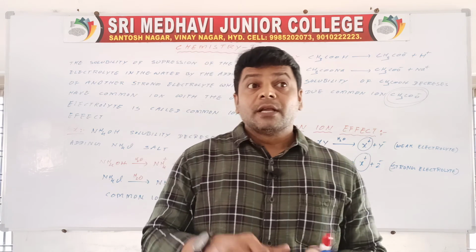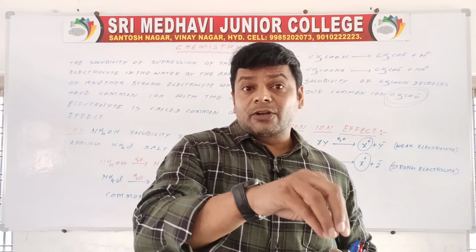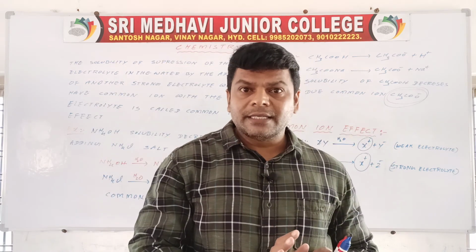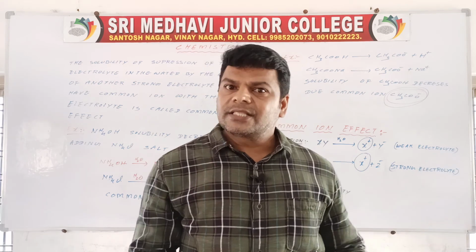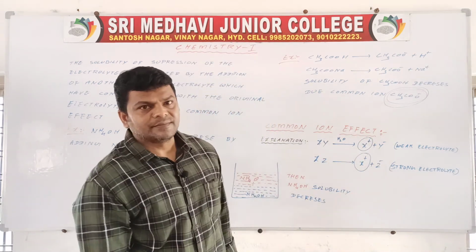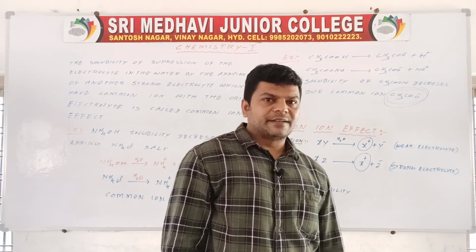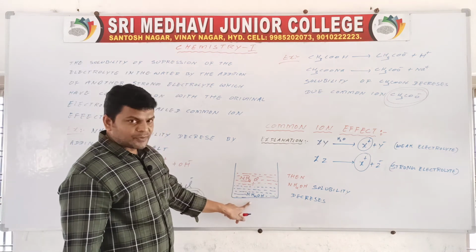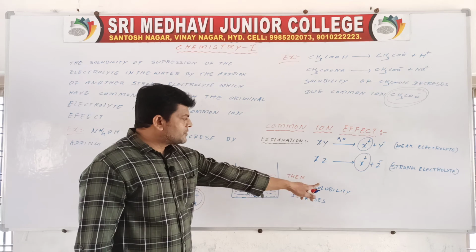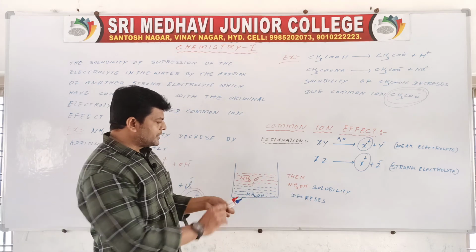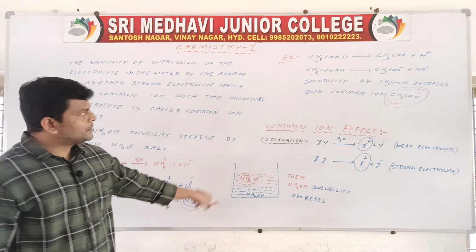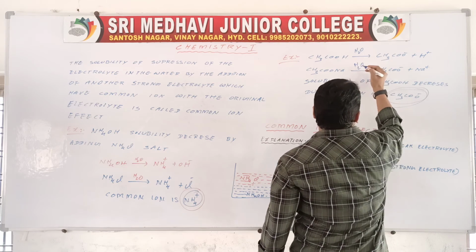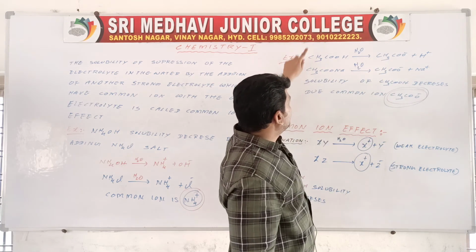What I meant to say is that the solubility of one electrolyte can be decreased by adding one more electrolyte which has a common ion. This is the common ion effect. Previously, NH4Cl and NH4OH both have NH4 plus, so NH4OH solubility decreases. Here it is CH3COOH in water, acetic acid, and sodium acetate.